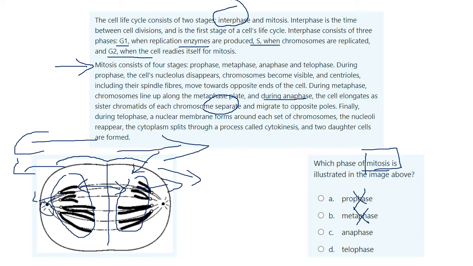We have the centriole and the spindle fibers pulling one copy of each chromatid to the opposite side. This is anaphase. The final phase is telophase. Telos always means the end. Telophase is when the new nuclear membrane appears and the cell separates into 2 daughter cells through cytokinesis.